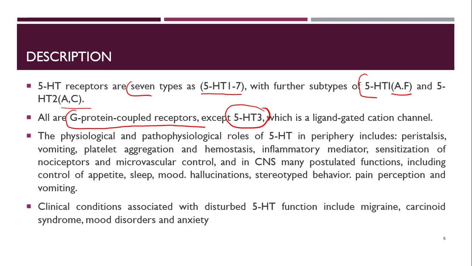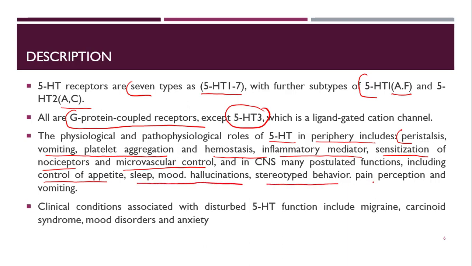So the physiological and pathophysiological roles of 5-HT in the periphery include peristalsis, vomiting, platelet aggregation, hemostasis, inflammatory mediator, sensitization of the nociceptors, and microvascular control. And in the CNS, many postulated functions include control of appetite, sleep, mood, hallucinations, stereotype behavior, pain perception, and vomiting.